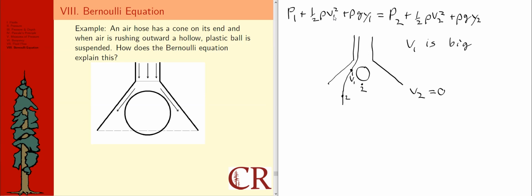And in looking at this, I'm not going to think so much about these height terms. I mean, they're there, but the height change here might be small enough that I'm not going to worry about them. So in reality, there is some height change, but we don't have any numbers for this. I'm just going to claim I can get rid of those, and we're just going to look at pressure versus speed.